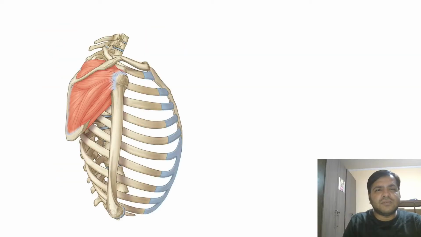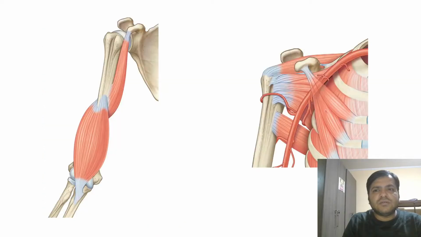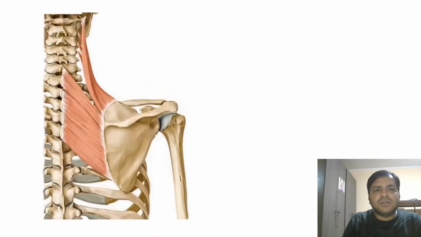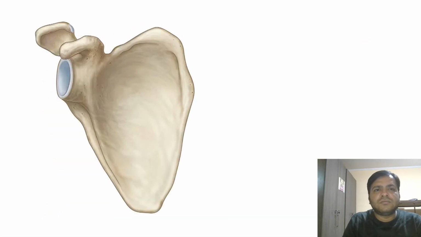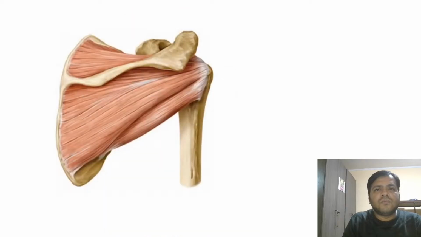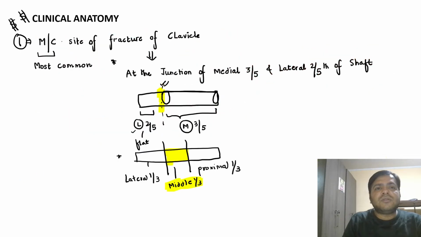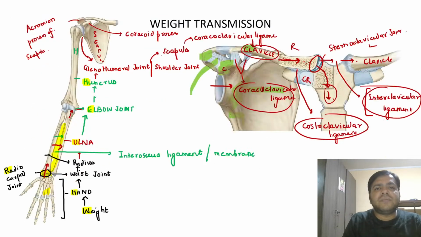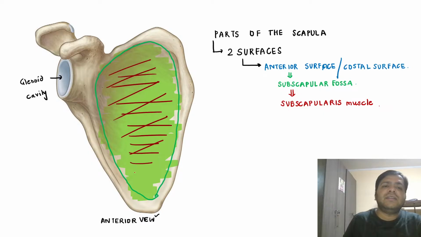I don't have that image, but remember that the subscapularis muscle is present on the entire anterior surface.